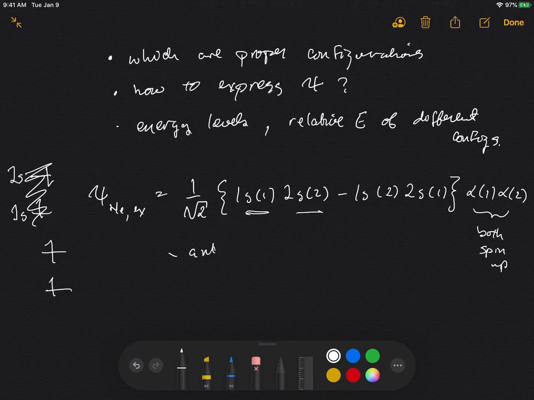So it's anti-symmetric with respect to exchange.